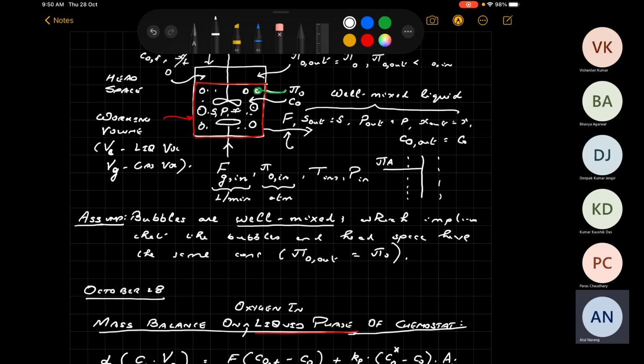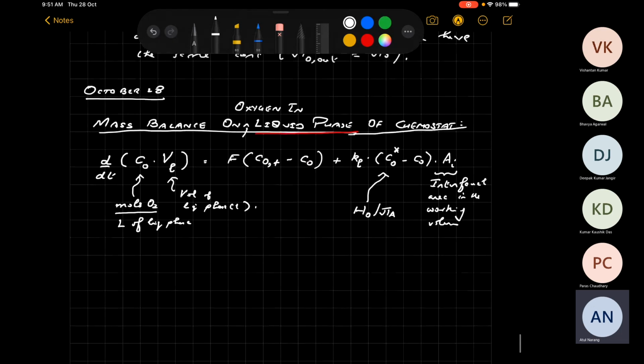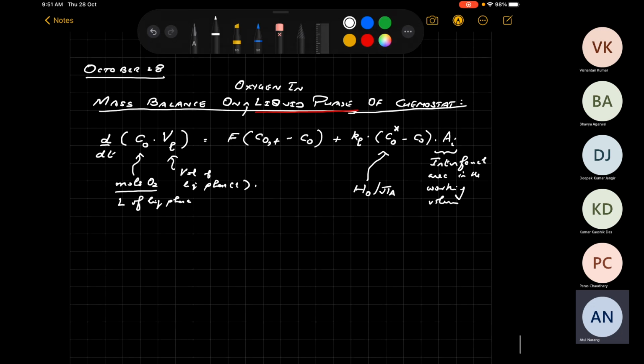Then on the right side you have CO star, which is the concentration in equilibrium with pi A, and then it drops from CO star to CO. So all the resistance is confined to this thin boundary layer, and that is captured by this formula. CO star is HO divided by pi A, where HO is the Henry's law constant for oxygen, which was a very large number, given to you in the lectures.